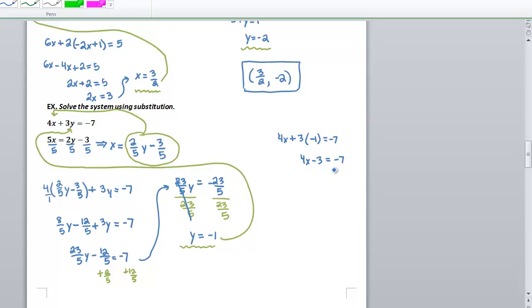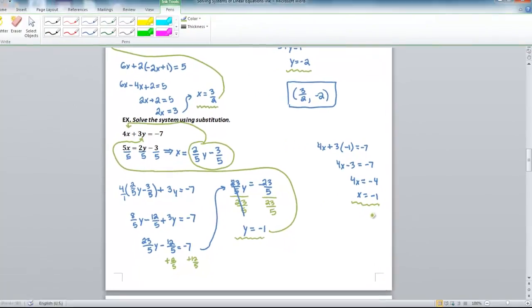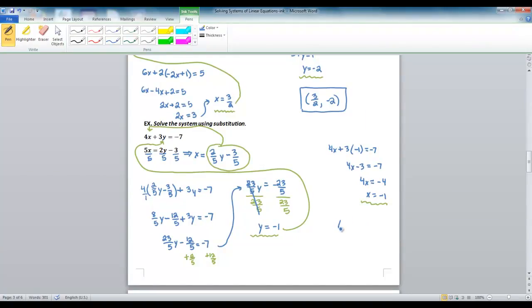Adding 3 to both sides leaves 4x on the left-hand side and negative 4 on the right-hand side. And then dividing both sides by positive 4 leaves x on the left-hand side and negative 1 on the right-hand side. So we have that x is equal to negative 1 as well. So the system is consistent and it has one solution.